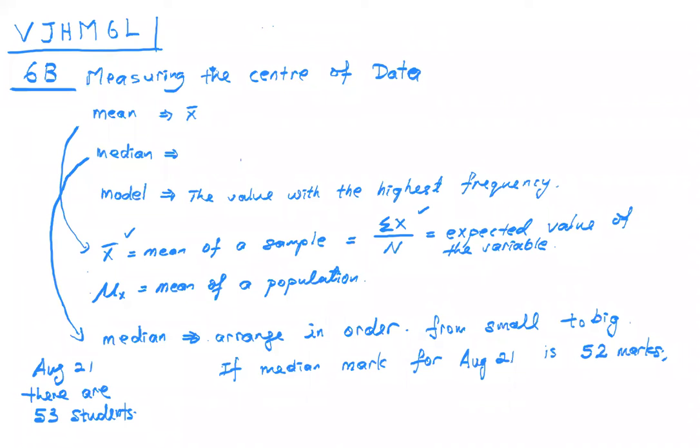So median means 50%. I can interpret. I take 53 divided by 2, so I got 26.